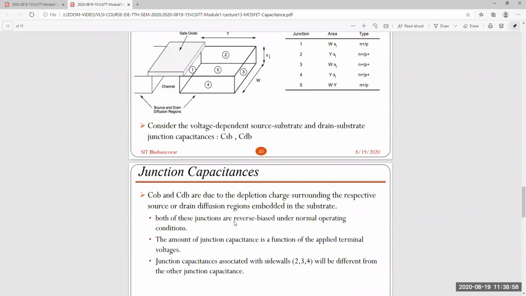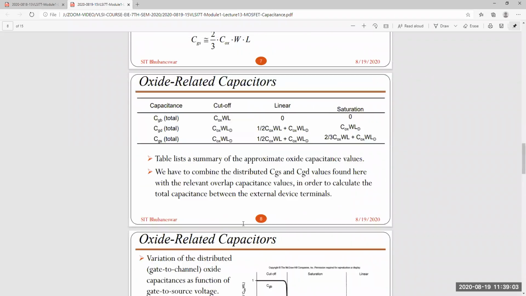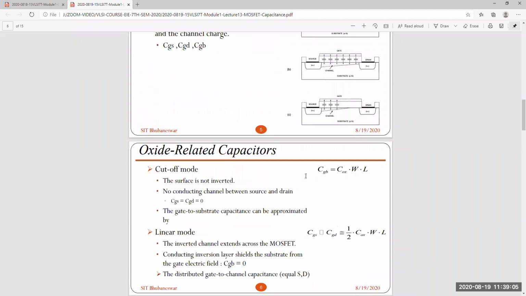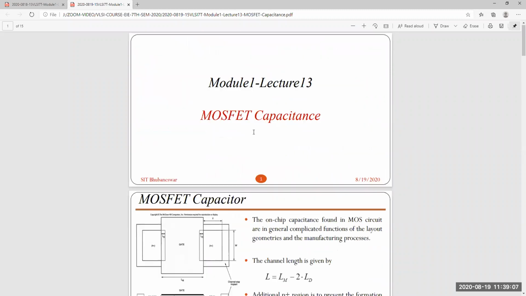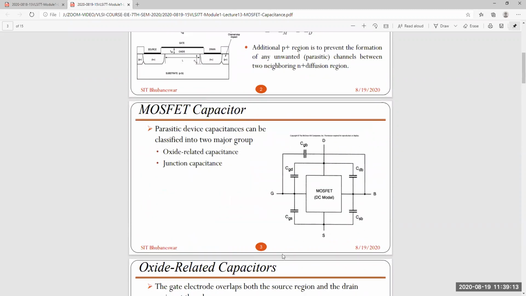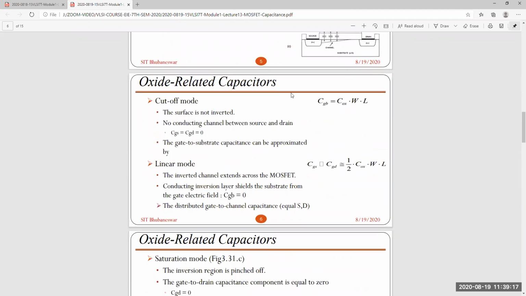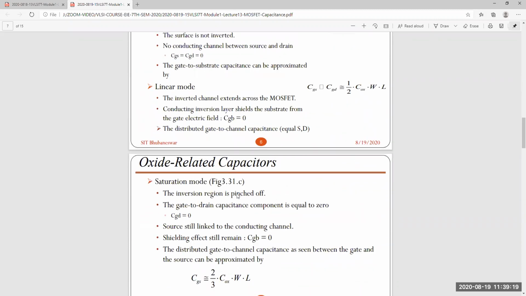Some text is there, you will read that. But this is important. No need to worry about those equations, those complex things. You need to know this thing very well, and this thing: what are the junction capacitances?